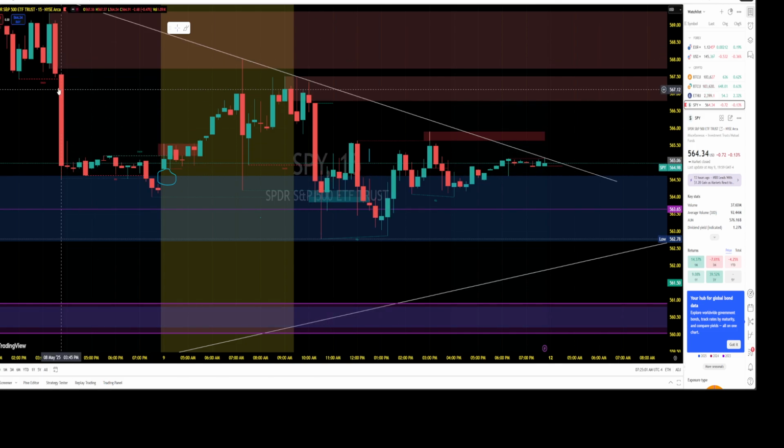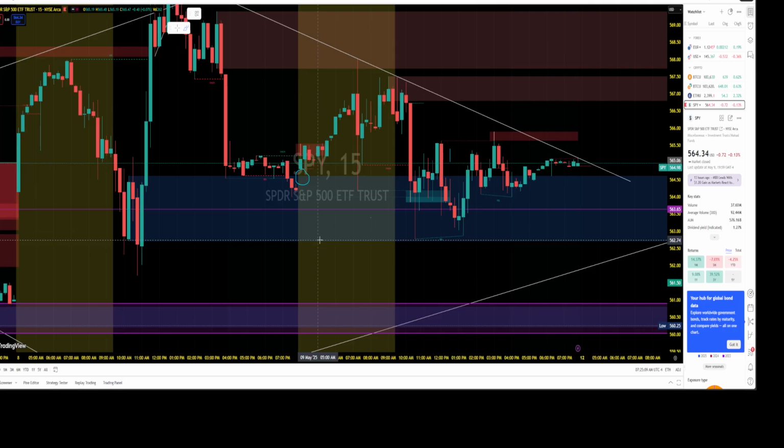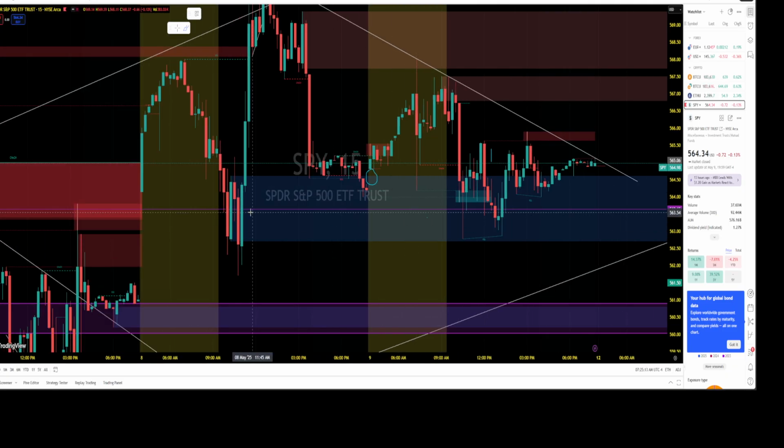So look at this particular level: the market tried to go up. However, it took one more level and tested a range of 562. So 560 was tested, then 562 was tested, and the market tried to go up again at the trend line coming from the top from the previous day.